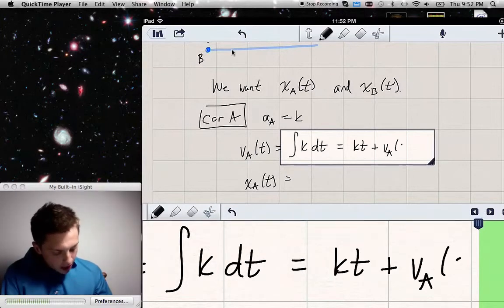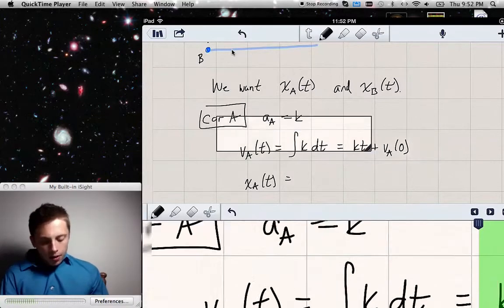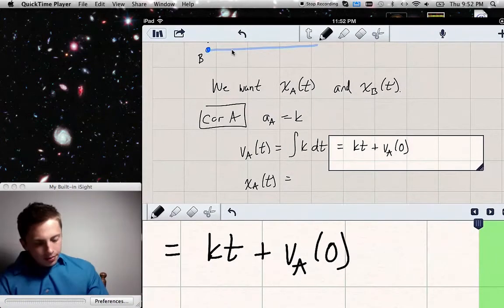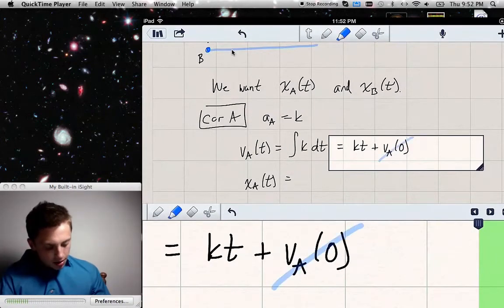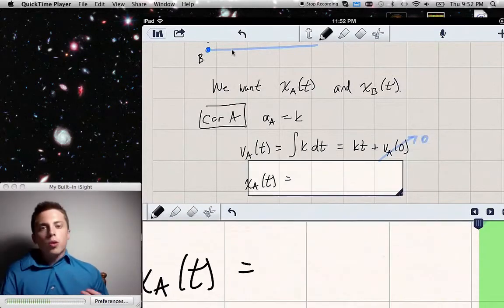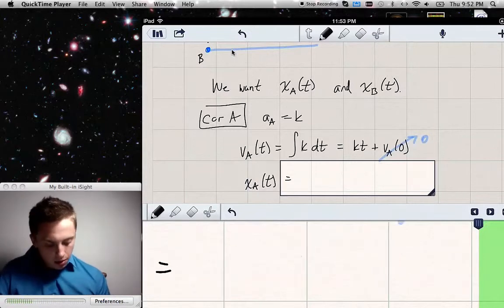I'm going to put v_A here because this is specifically the initial velocity of car A, since we're working with car A's acceleration. This is going to be 0 since car A starts at rest, which is what we're told in the problem. And we'll always be given some information about it. If we're not given information about it, we can figure it out. Maybe that's the problem, to figure out the thing that we're not told about.